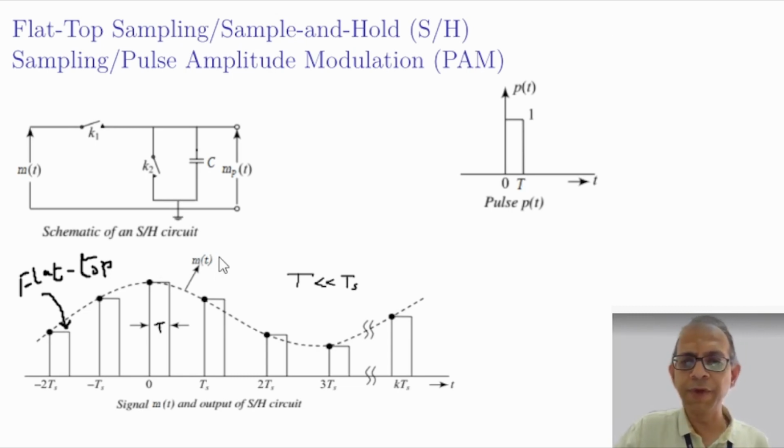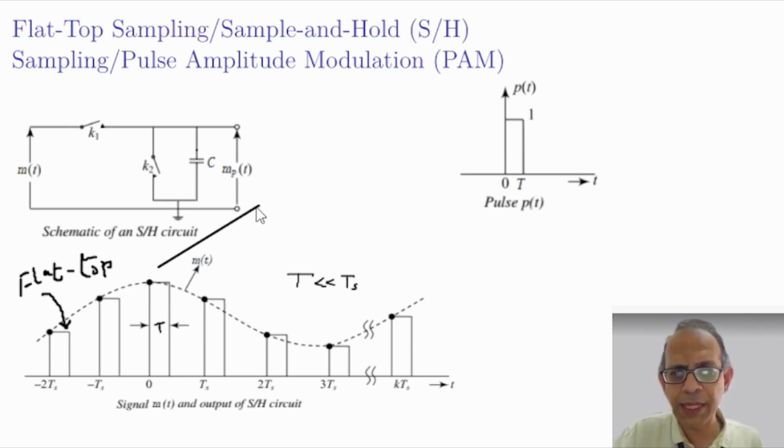For that, we need to develop a mathematical representation for the flat top sampled signal. For that, we think of a basic pulse p of t, which is of height 1 and duration capital T, as shown here. Note that in terms of this pulse p of t, various pulses in the flat top sampled signal can be mathematically thought of as follows.